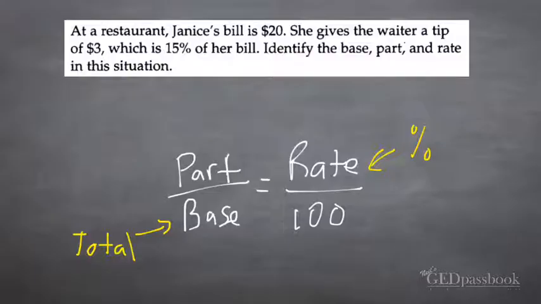Right now, I just recommend writing this down for your notes so you can practice it, because you are going to want to memorize this template to a T. And the part is pretty much the part of the base, as in the piece. It is the piece of the total. And yes, you're right. 100 will always just be 100. That's just always there. Because again, percents are always over 100.